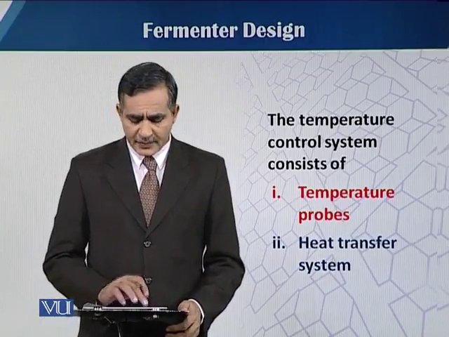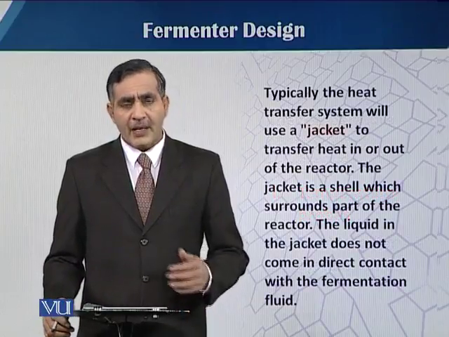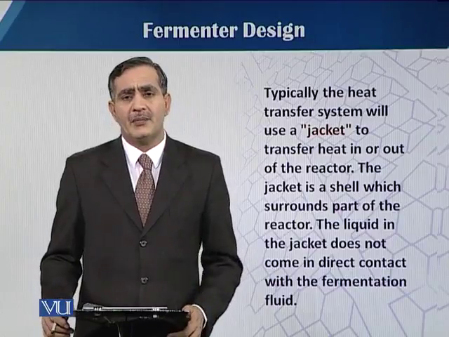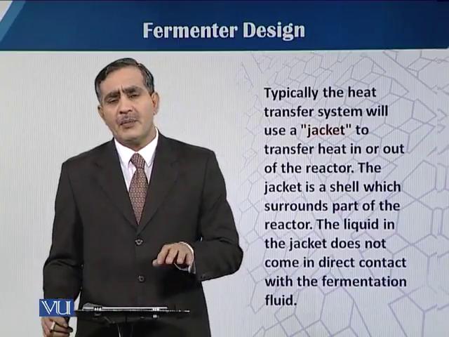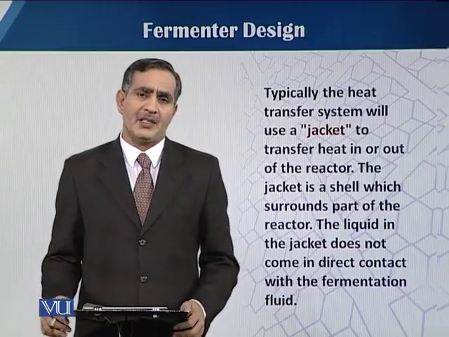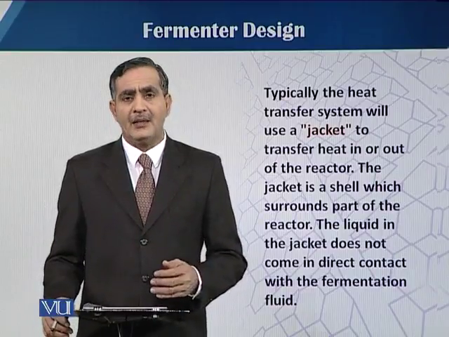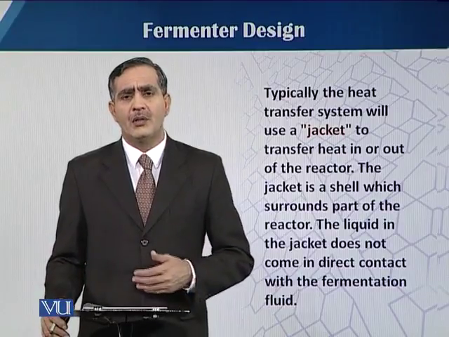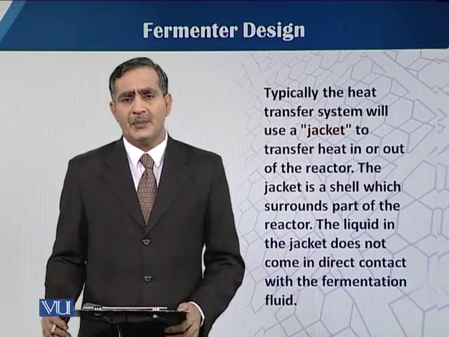So when we say temperature control system, mostly in fermentation, when there is a disturbance, when there is a change in the temperature, mostly a jacket is used for controlling the temperature.